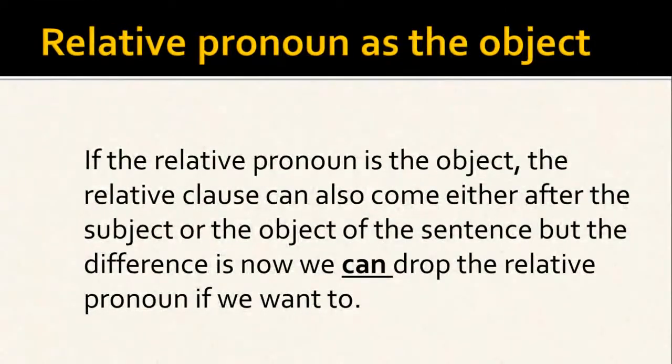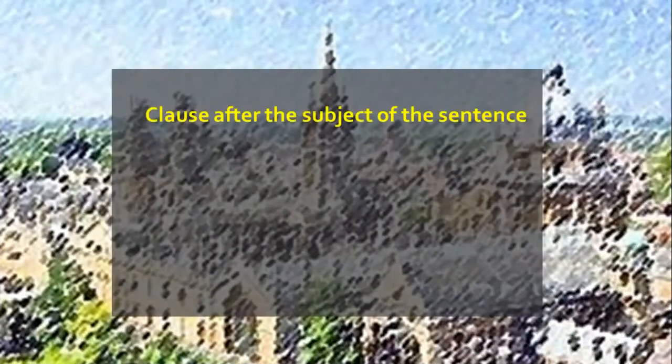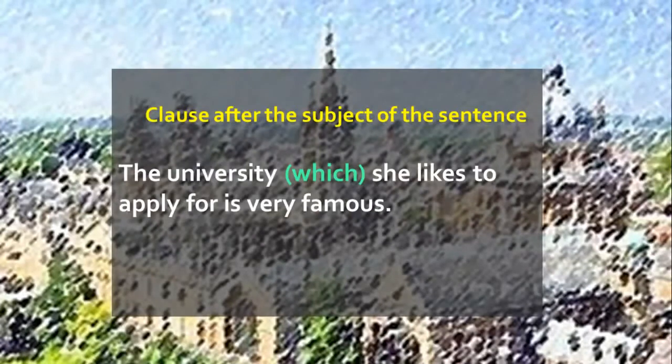If the relative pronoun is the object, the relative clause can also come either after the subject or the object of the sentence. But there is a difference here. In this situation, we can drop the relative pronoun if we want to. The university which she likes to apply for is very famous.